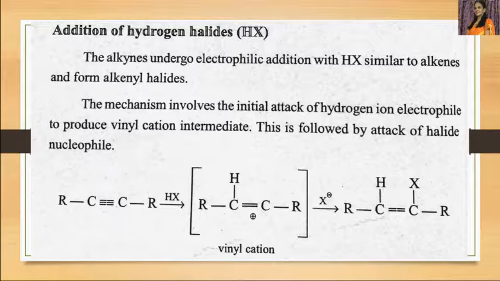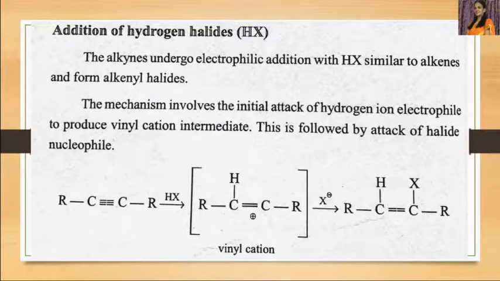See this, from HX, this H plus. With the help of the pi bond electrons, this CC triple bond pi bond electron, one of the pi bonds abstracts this H plus to form a bond.